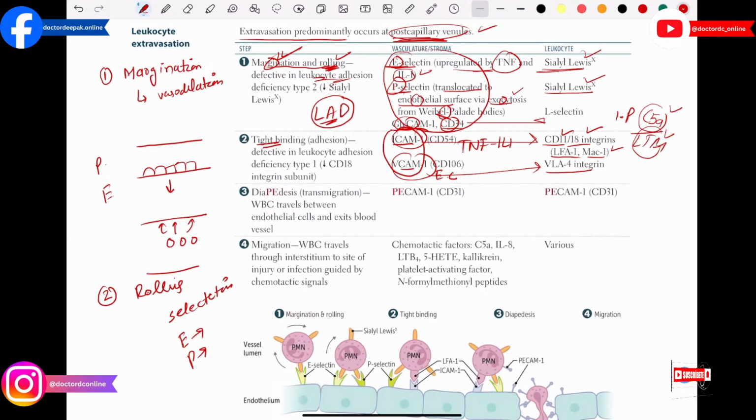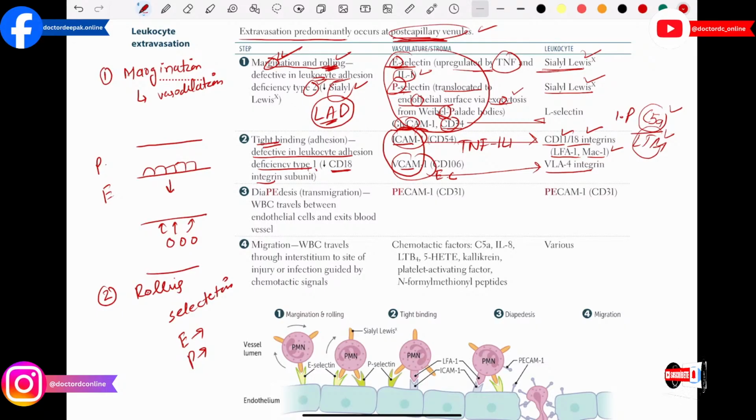Then we also have another disorder, leukocyte adhesion deficiency type 1. Basically this is type 2 leukocyte adhesion deficiency, and this is type 1. In type 2 there is a problem in Sialyl Lewis, but in type 1 there is a problem in CD18 integrin. They can ask you in the exam what the different types of leukocyte adhesion deficiency are. It has two main types, type 1 and type 2.